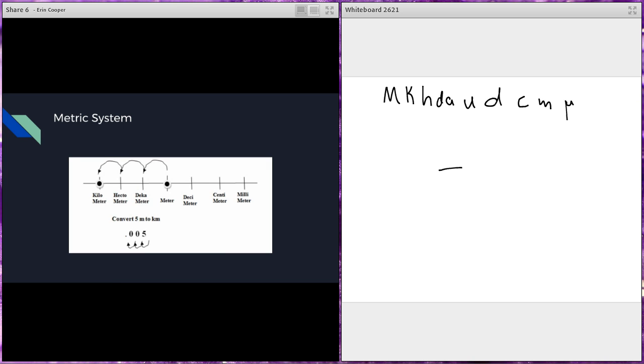Now let's say I have this number 50 micrometers, or micrometers as we might say. Since it's a whole number, my decimal place is right here. Does this have a prefix in front of it? Yes, it has micro in front of it. So I know that when I'm starting out to convert this, I have to start here on that same prefix.